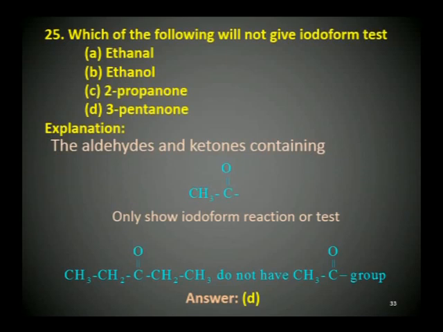So, even ethanol shows the iodoform reaction because ethanol will be converted into ethanal. That is why ethanol, ethanal, and 2-propanone, all three options A, B, C, have the CH3CO group and show the iodoform reaction, whereas D, that is 3-pentanone, does not have the CH3CO group. That is why it is not showing the iodoform reaction.